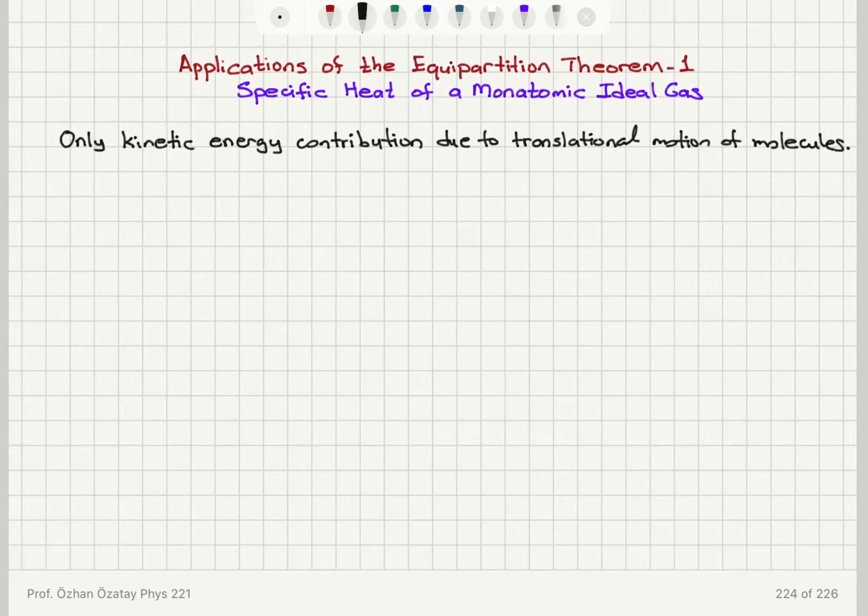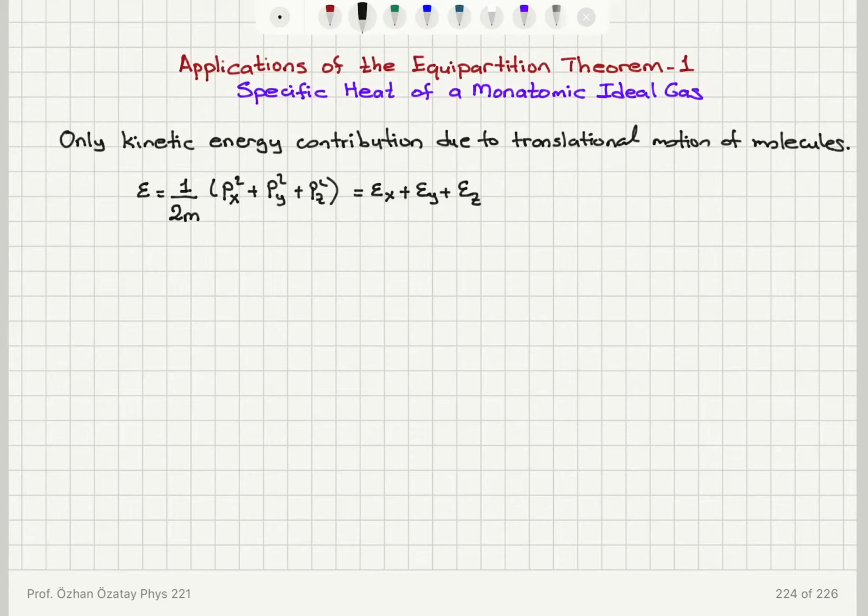And that means, for the x, y, and z directions, if this is in a three-dimensional container, we have 1 over 2m px squared, plus 1 over 2m py squared, plus 1 over 2m pz squared. So this is basically what I called epsilon i in the derivation of the equipartition theorem, that consists of an epsilon x, epsilon y, and epsilon z.